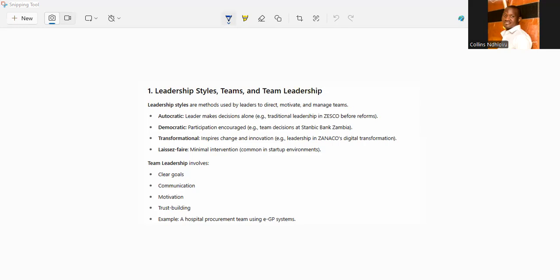These were decisions made at an executive level and limited to a few for consultation. The advantage of autocratic leadership is that decisions are quick and clear, and the disadvantage is that there's a risk of low morale because you limit creativity, as you don't involve those in the lower levels.